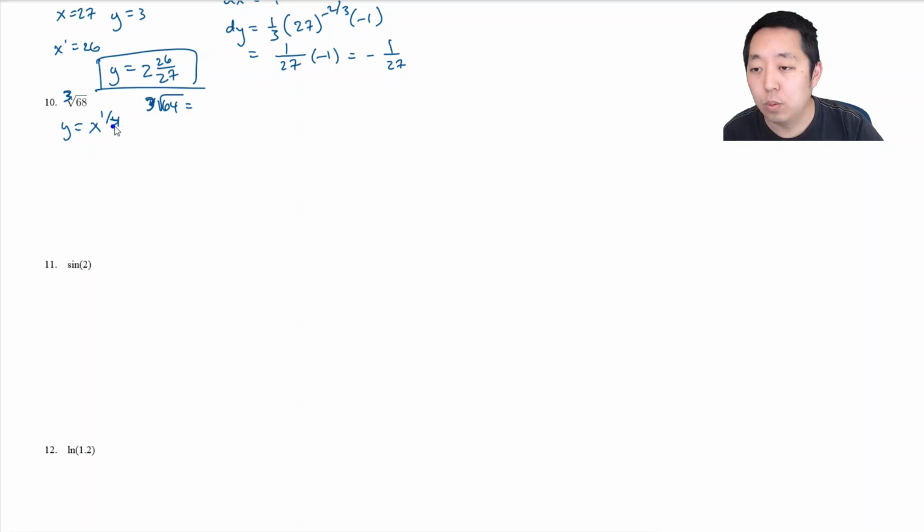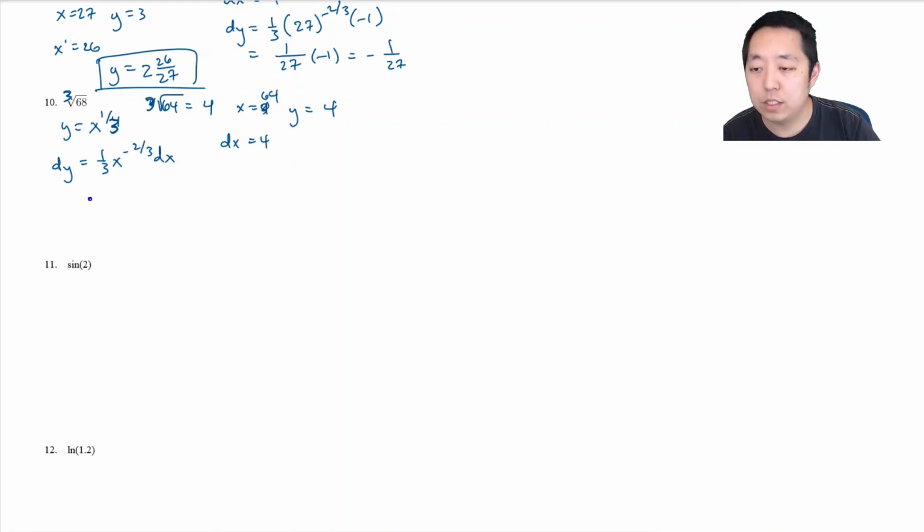So we're going to do x to the 1/3. And the cube root of 64 is equal to 4. Right? So my x is equal to 64, my y is equal to 4. That means my dx, the change from x to this value, is equal to 4. And so I need to compute what dy is. It's 1/3 x to the negative 2/3 dx.